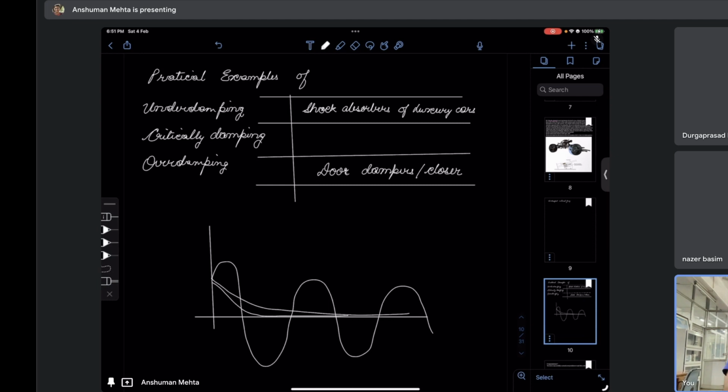Now you can see, I am showing the working of a gun, and also I am explaining the firing rate, how much firing it will do. We can have a much higher firing rate if we have a lower recoil time.